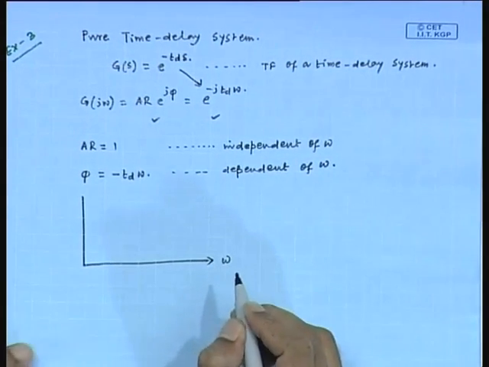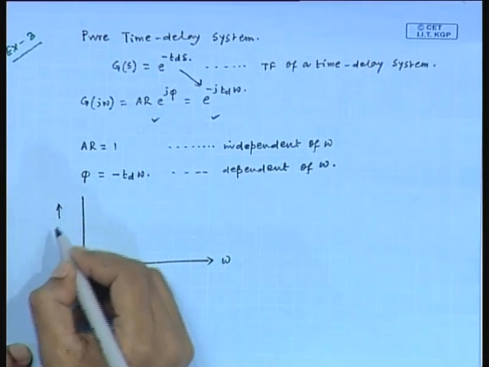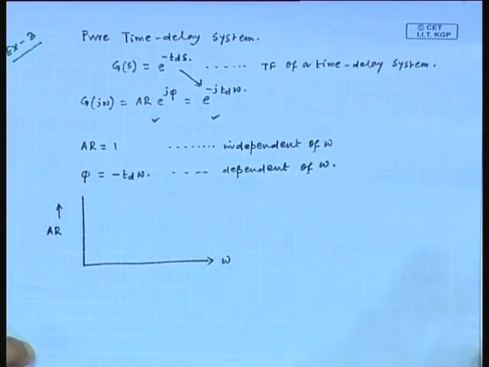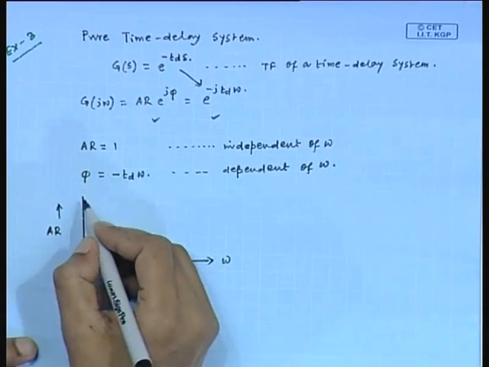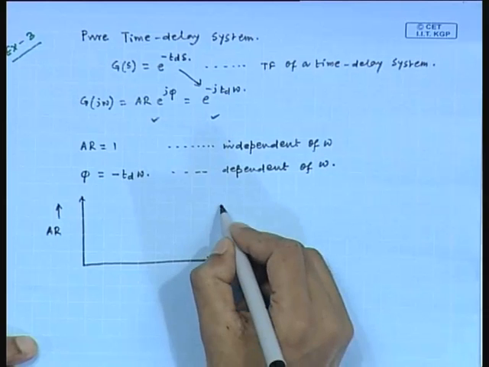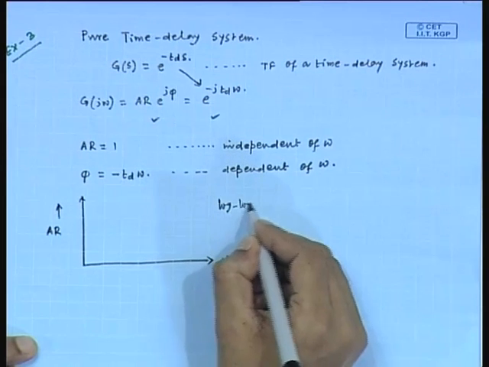This is omega and this is amplitude ratio. Here we are considering amplitude ratio because no scaling factor is there. This is log plot.